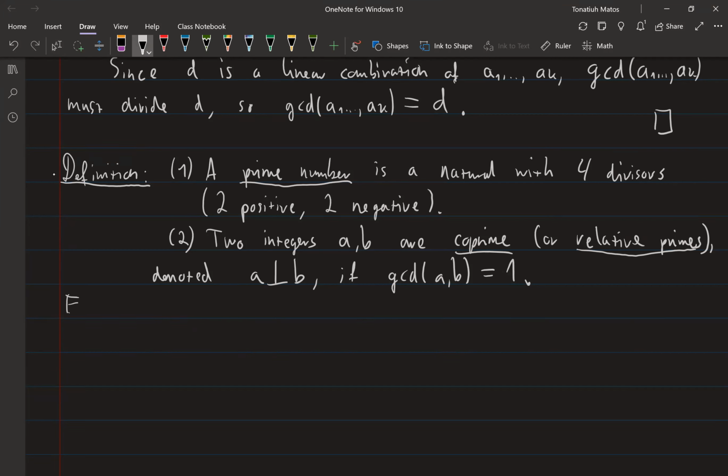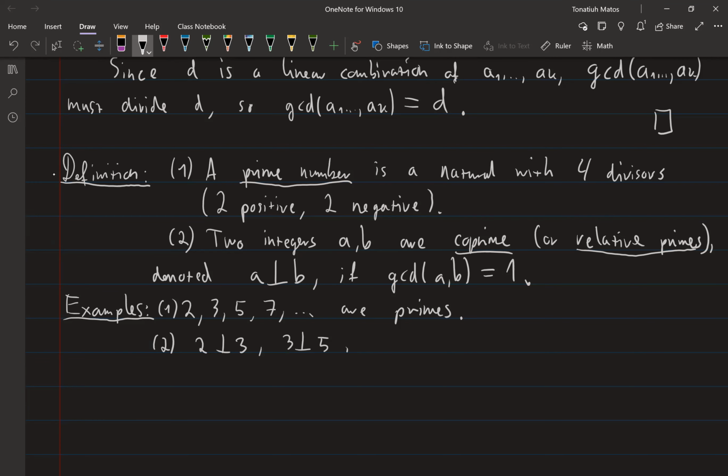So maybe some examples. I will not give you examples of prime numbers. Maybe I should. 2, 3, 5, 7 are primes. Right now, we don't know how many primes there are. Examples of coprime numbers are, well, 2 and 3, 3 and 5.